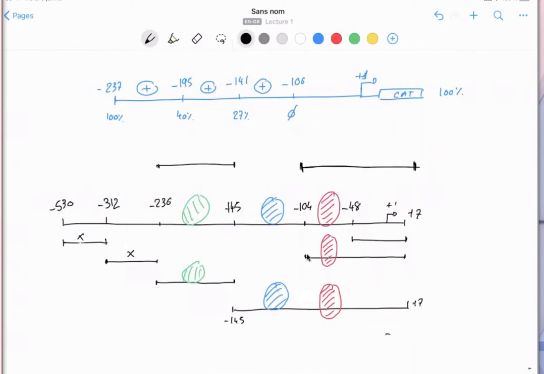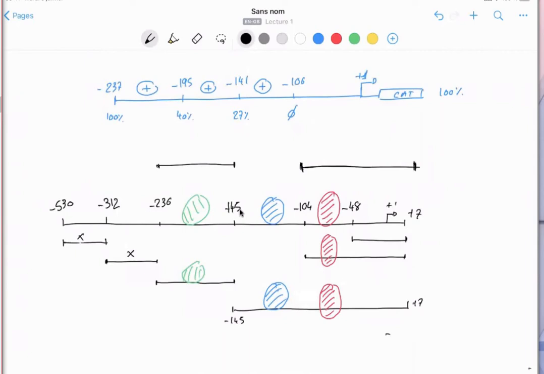But using the minus 104 fragment as a probe, you have a complex that is deleted with the same fragment as a competitor, but not with this fragment. So, conclusion: the interaction that we see between position minus 104 and minus 48 exists and is totally different from the interaction that we see between minus 236 and minus 145. Do you agree with this?